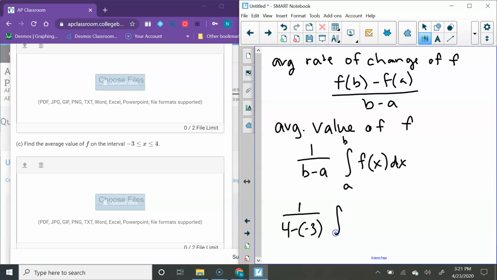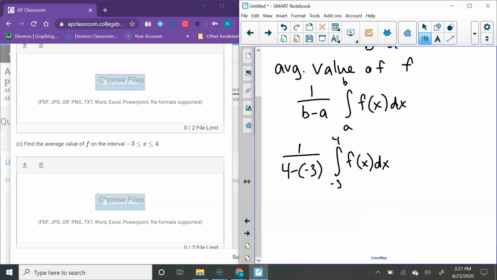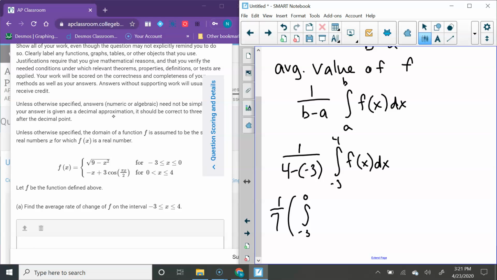And then we're going to integrate from -3 to 4 f of x dx. So this is going to give us 1/7, and when we integrate here, we're going to have to split this into two separate pieces. So we're going to integrate from -3 to 0, and our function from -3 to 0 is the square root of 9 minus x squared, dx.